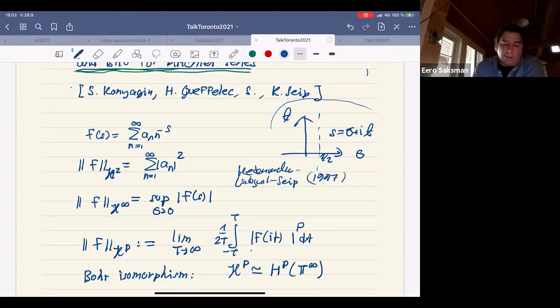It's of course the standard Hardy H2 space in the disk. And if you use Cauchy-Schwarz, you will see that the series converges at least to the right of sigma equals 1/2. And that's in general the best you can hope for.